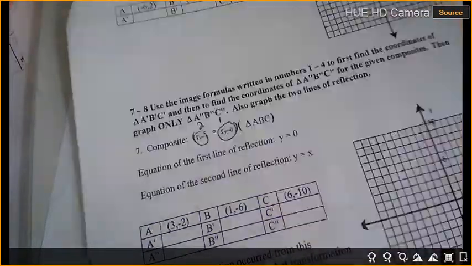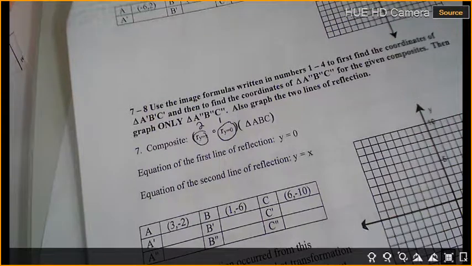When it's listed in this notation, you do the second one first and the first one second. That's important to write down on your paper. That's also true if we go to 10 and 11. Make sure you do them in that order.